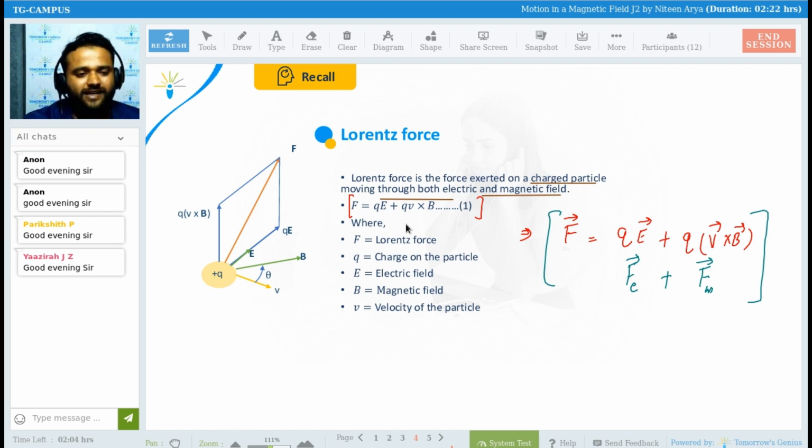When a charged particle enters a magnetic field as well as an electric field and starts moving with some velocity, due to velocity there is a magnetic force applied on that charged particle, which is F equals QV cross B, and due to the presence of the electric field there is an electric or electrostatic force, which we already know, QE. So the sum of both gives me the Lorentz force. Is this clear, everyone?